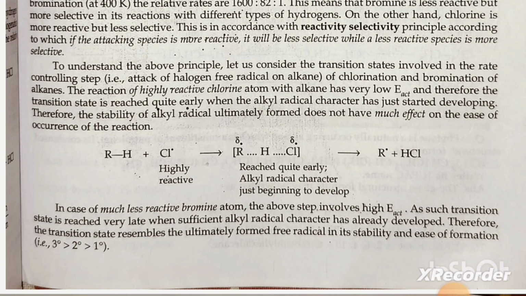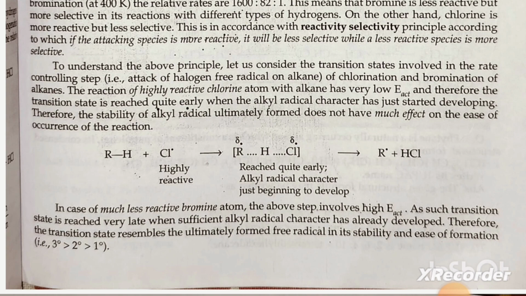To understand the above principle, let us consider the transition state involved in the rate controlling step. It means the attack of halogen free radical on alkane, in chlorination and bromination of alkane. The reaction of highly reactive chlorine atom with alkane has very low activation energy, and therefore the transition state is reached quite early when the alkyl radical character has just started developing.